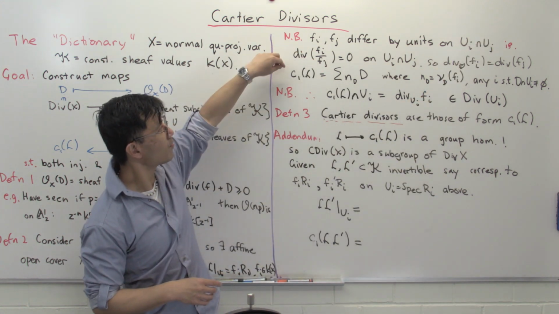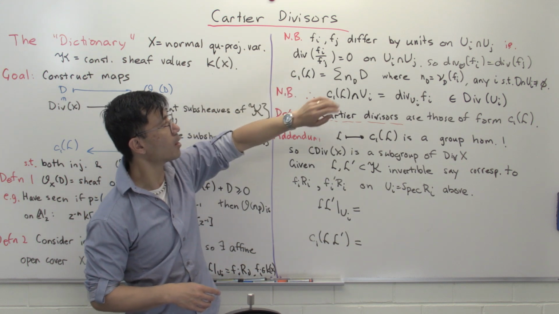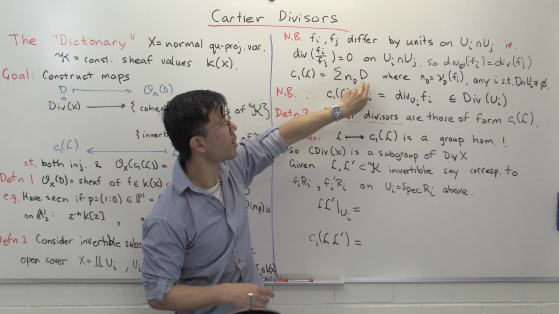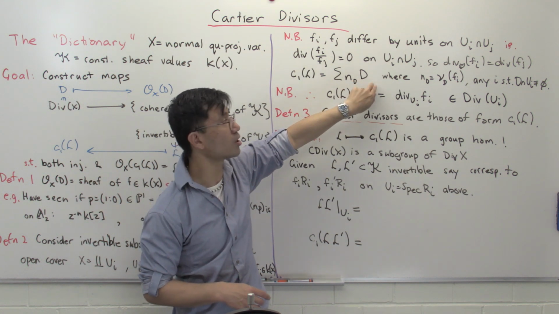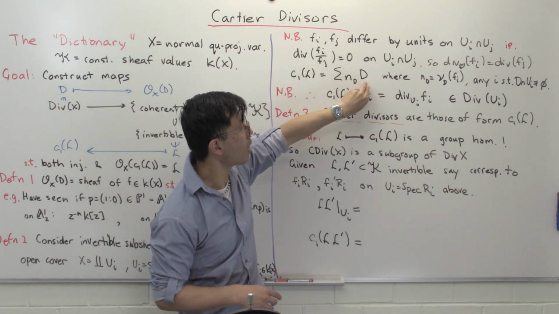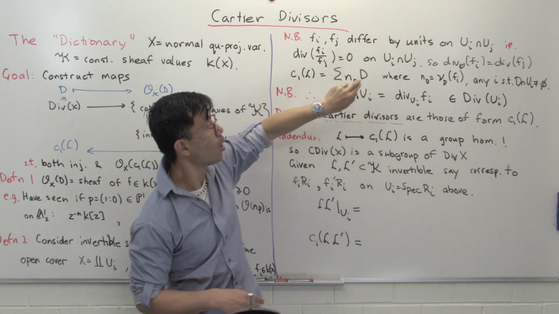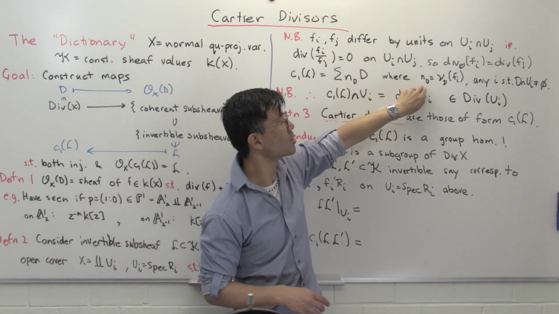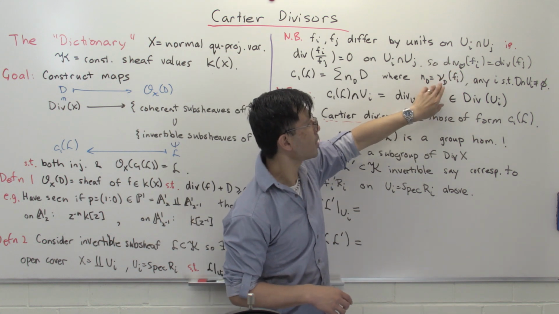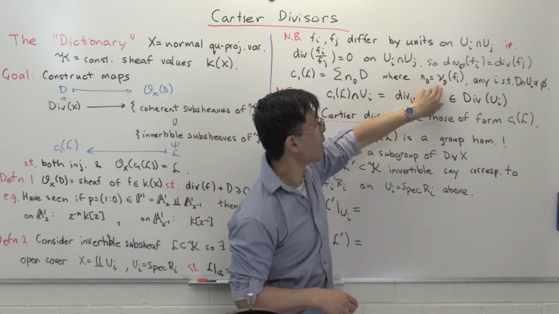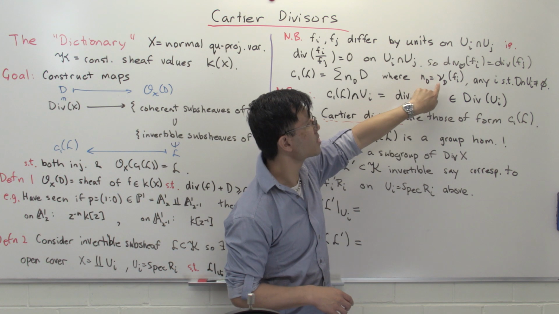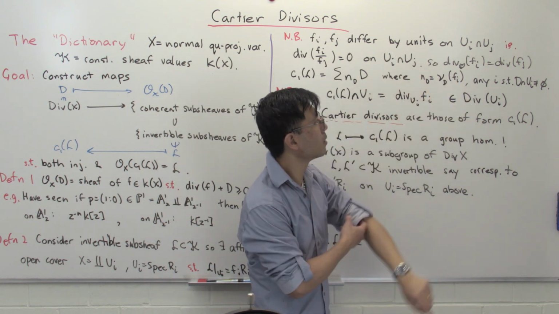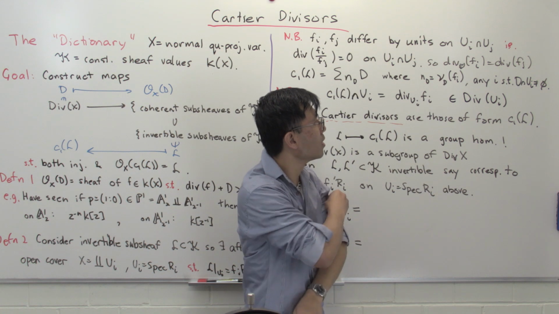So what are we going to define C1 of L to be? It's going to be some divisor, so it's just some integer linear combination of divisors. So I just have to tell you, for any prime divisor or irreducible divisor D, what's its coefficient nD? And the nD that we're going to pick is just going to be the valuation, the order of the zero of fi.